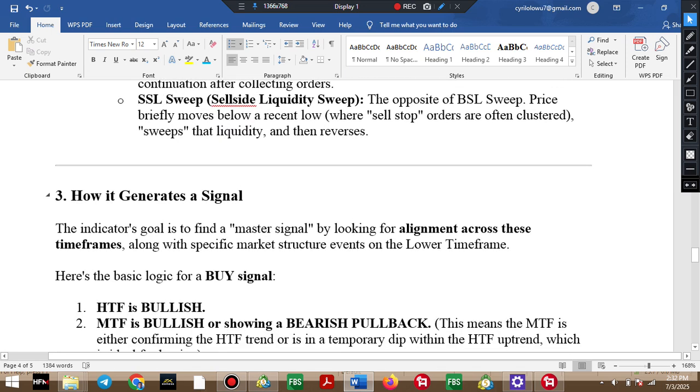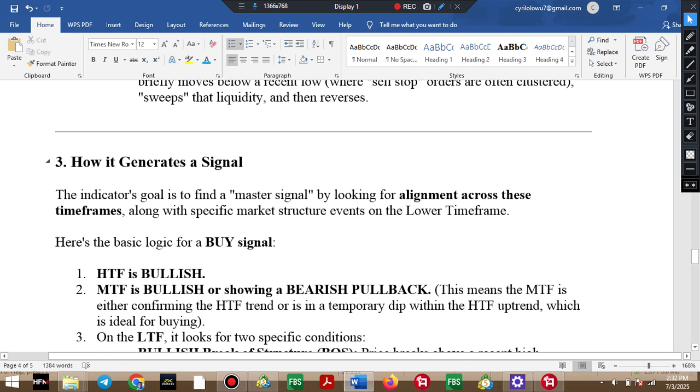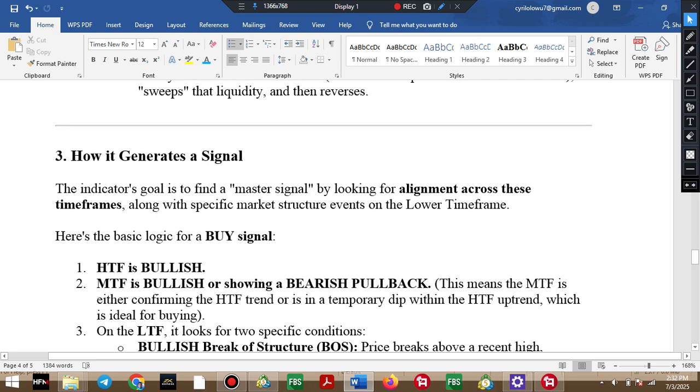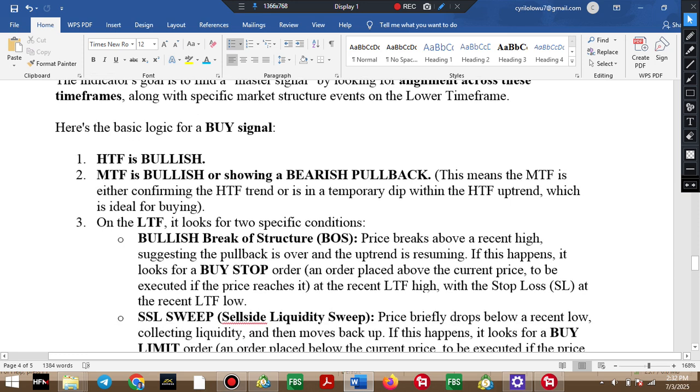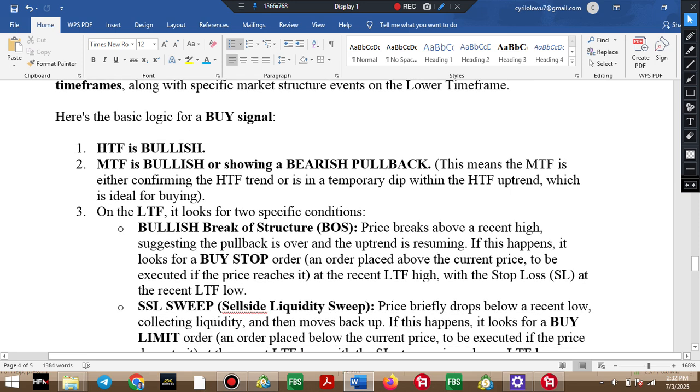So how it generates signals. Now this is where there's a little bit of difference between this one and the other one. The indicator's goal is to find a master signal by looking for alignment across these 3 time frames, along with specific market structure events on the lower time frame. Here is the basic logic for a buy signal. HTF is bullish. That means if it's going to give you a buy signal or probably a buy stop, whatever signal it's going to give you, the HTF is bullish.